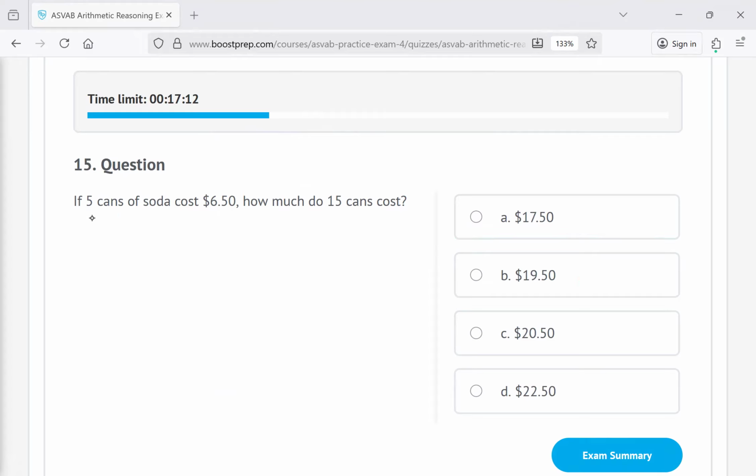Question 15. If 5 cans of soda cost 650, how much do 15 cans cost? So this is definitely a proportion. It would be cans and then soda.